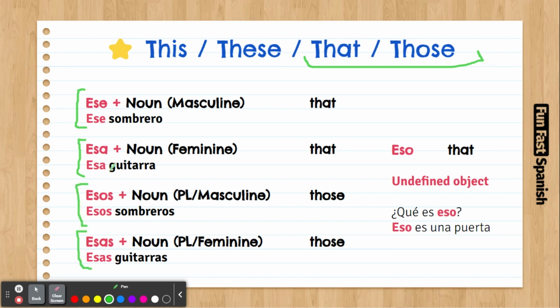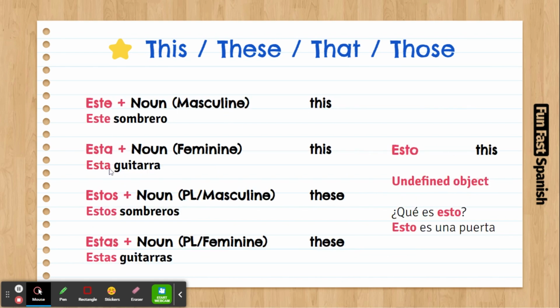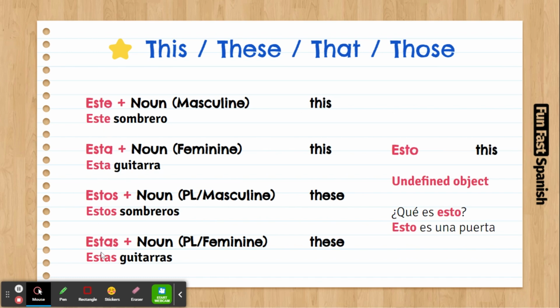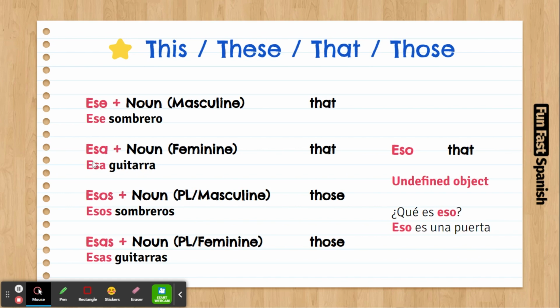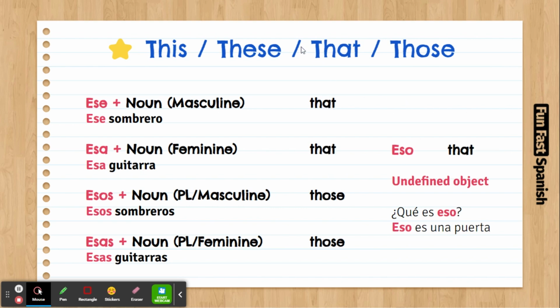As you can see, it's very close to the ones before, but without the T. Remember, ese, esa, esos, esas. If you go back, it's este, esta, estos, estas. You see the difference? These ones have the T. These ones don't have the T. Also here for esto, so "that" and "those" are without the T.